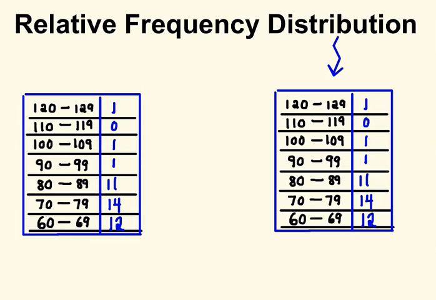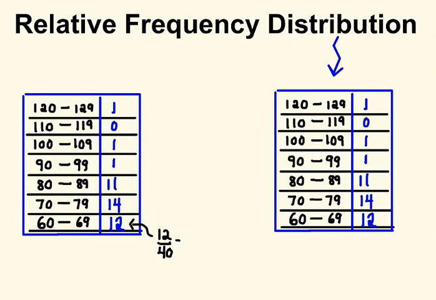And what we do is we are going to make a calculation. So for example, for our class 1, which is the bottom, we have a 12. That is 12 values out of a total of 40 values. And if you put that into the calculator, 12 over 40, let's go ahead and do that.